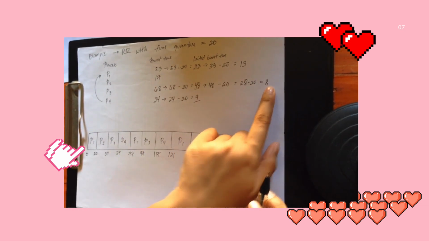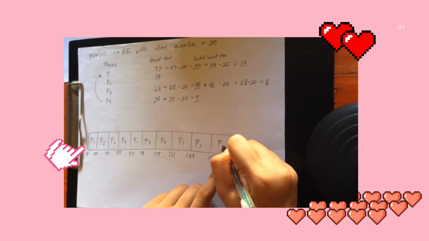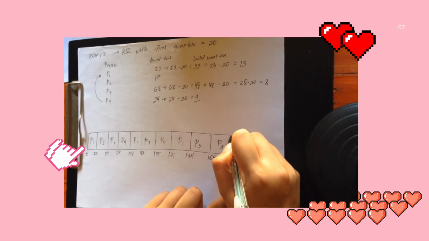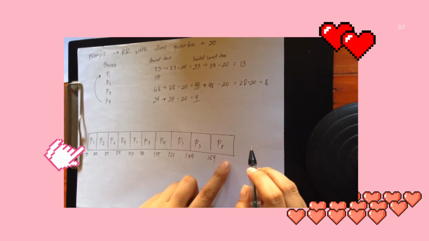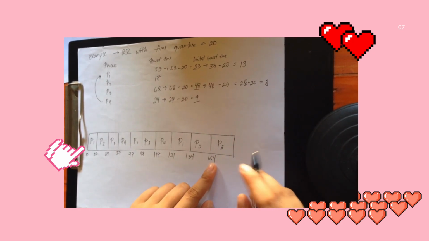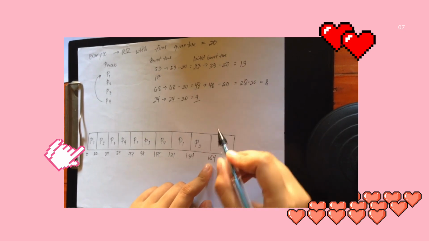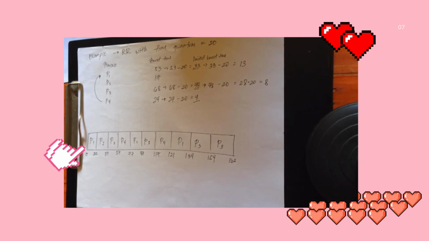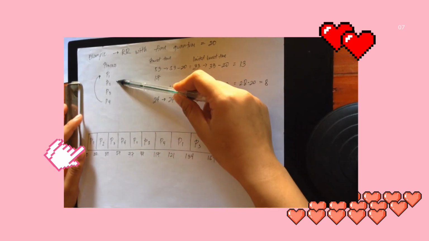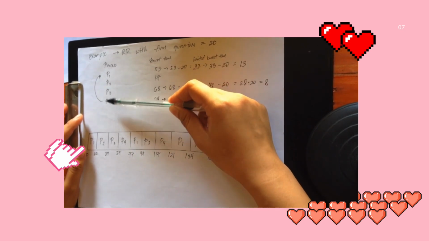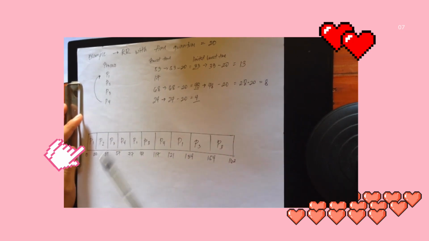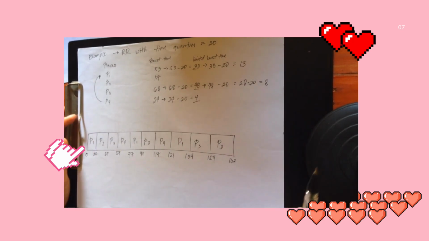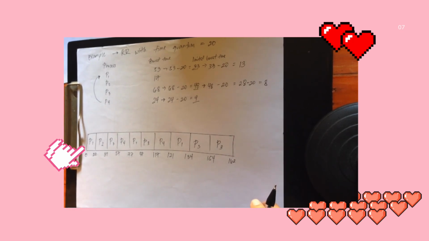We still have the value of 8, so we write again P3. 154 plus 8 is equal to 162. And so, P1, P2, P3, and P4 are all over. And this is how round robin or RR works. Thank you.